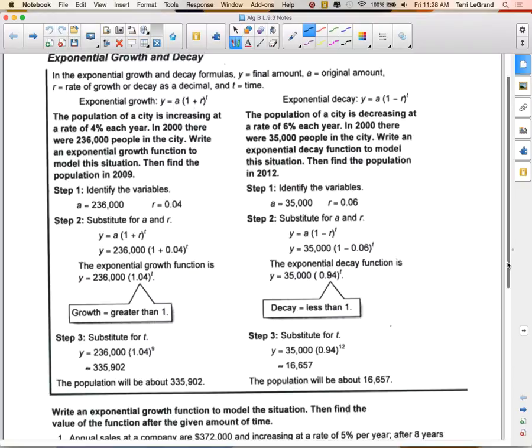I want you to highlight that y is the final amount. So when you see the y in the formula, in the equation, you know that is representing the final amount. As we've already talked about, A is the starting amount, the original amount. How much did it start with?